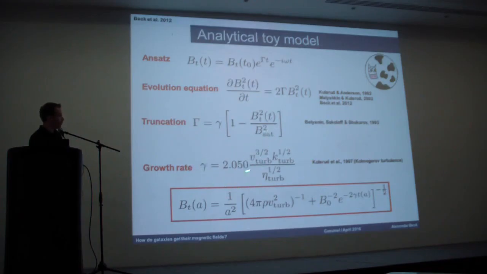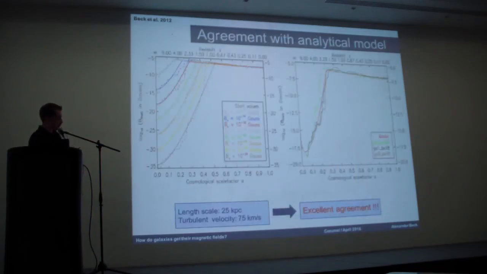We're taking some growth rate, which was estimated from turbulent motions. And this leads us to an equation at the end, which when we solve, we can compare to the simulation. And we did several resolution levels, we plotted the toy model and different simulations, and we found some kind of agreement between them. And this convinces us that what we saw before in the simulation is okay, and we can trust it a little bit.